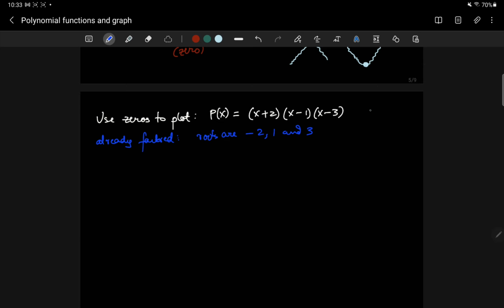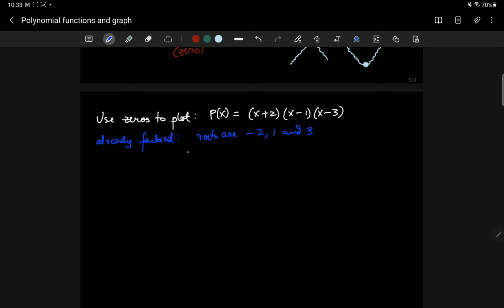Well, if you set this equal to 0, you solve the individual equations: x plus 2 equals 0, x minus 1 equals 0, and x minus 3 equals 0. Otherwise, you just use the equivalent definition and think of x plus 2 as x minus -2, so that c is -2 and each of these becomes a root.